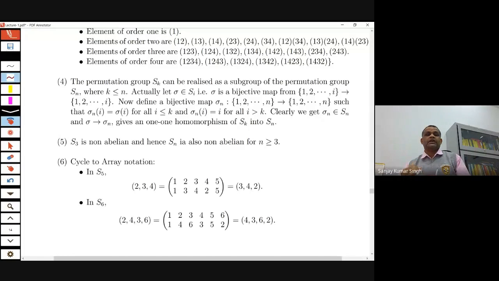So how can I do it? I can fix k elements and define their images by using an element in S_k. And for the rest, we can just define the identity map, each element going to the same element, and thus I can always produce a sigma in S_n using a sigma in S_k.